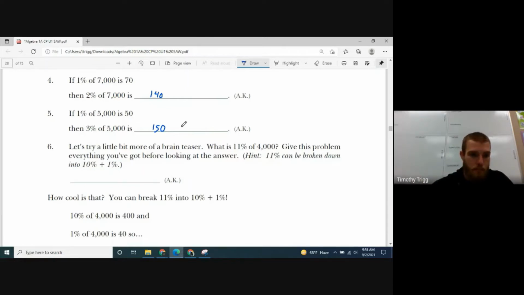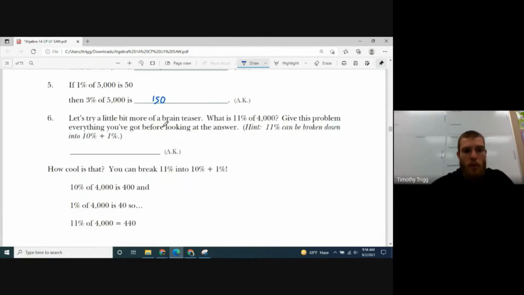Number 6. Let's try a little bit more of a brain teaser. What is 11% of 4,000? There's a couple ways you could do it. You could simply change 11% into a decimal. That would be 0.11, and then just multiply by 4,000. That's one way. You can do it with a calculator. Not too bad. But we could also do this in our head. The first thing I'd want to find is what's 10% of 4,000?